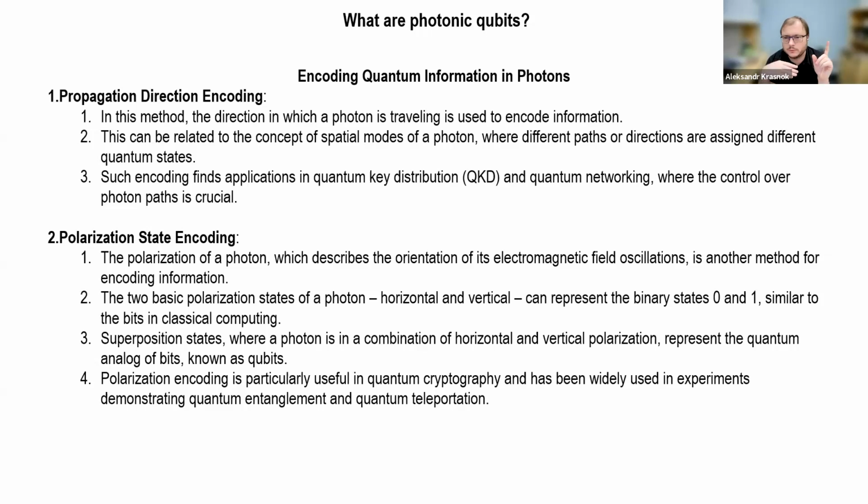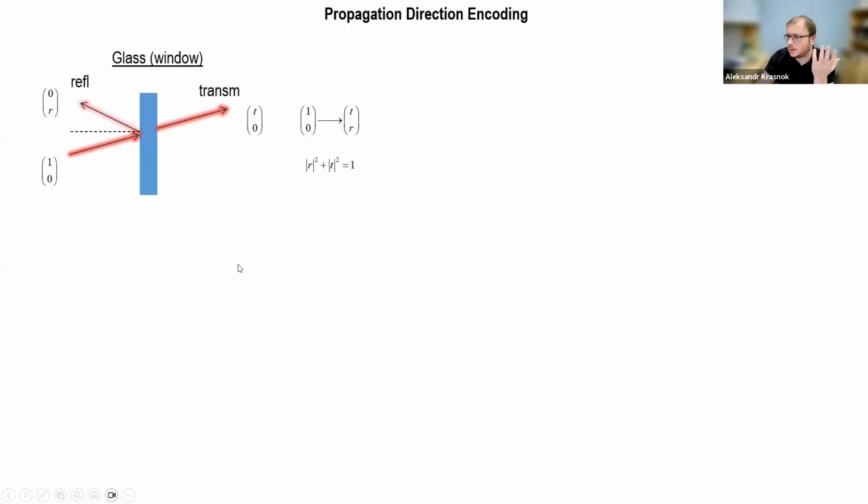Okay, so with these two directions, vertical and horizontal, we can encode the quantum information in the propagation direction. Another approach is to encode the information into the polarization state of a photon. And first, we start our discussion with the propagation direction encoding.